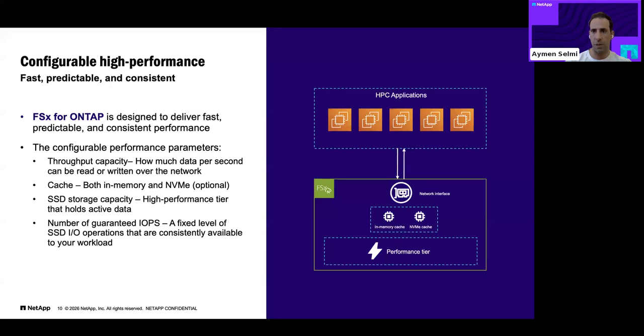So we have a set of options that you can play with, and you can independently, so that's the magic, independently select and modify those configurations to make sure that we have the right performance and capacity that can handle the type of workloads that we want to run on the FSx or the storage.